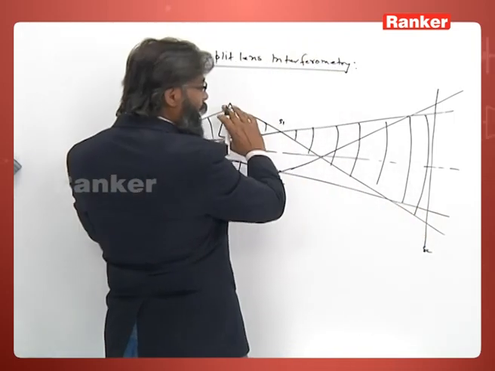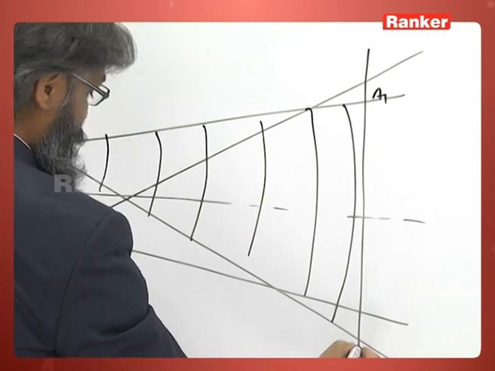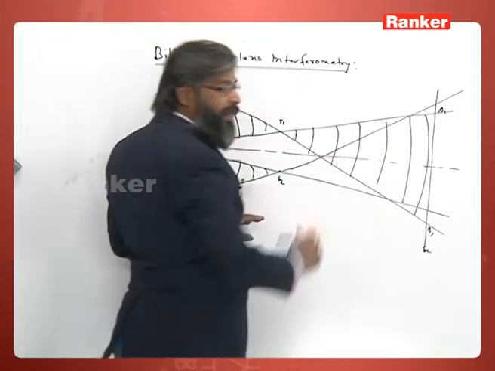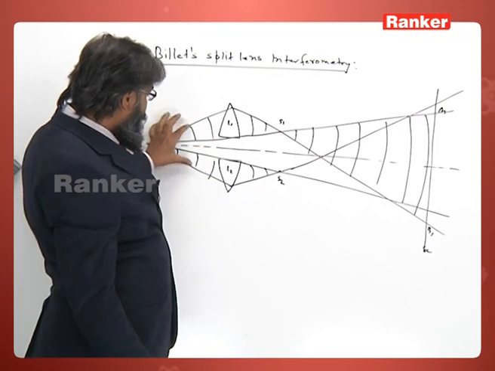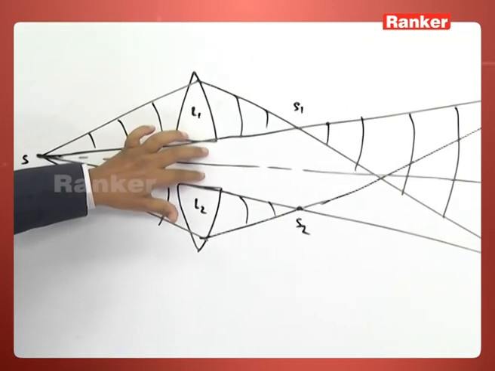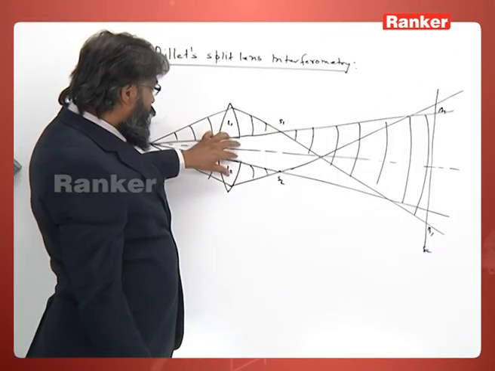So, from the upper half of the lens, A1 B1 is the region illuminated. Similarly, the same wavefront here is an obstacle so that the rays do not pass through here, that is not shown in the diagram.